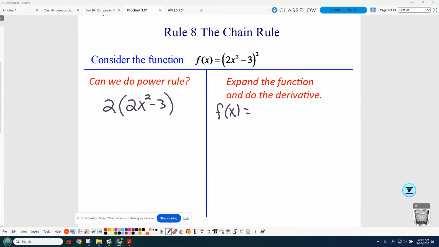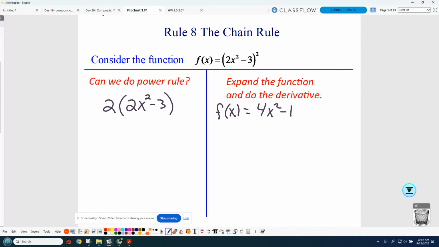Okay, so power rule, multiply by the power, lower the power. 2x squared minus 3 squared, what do I get when I multiply it out? 4x squared minus... 6.